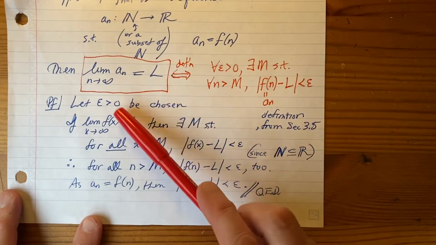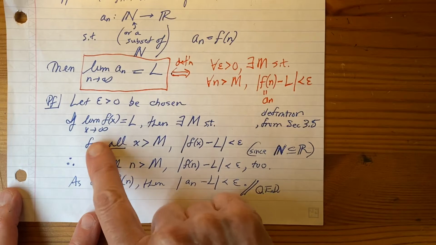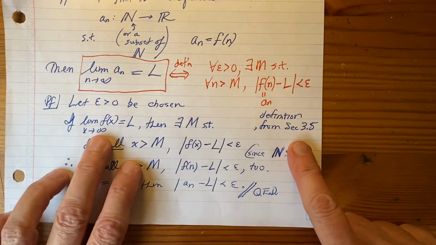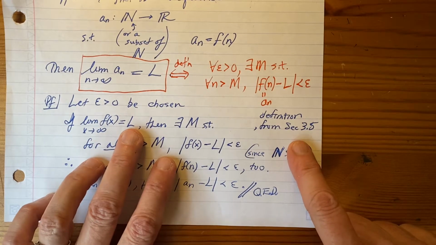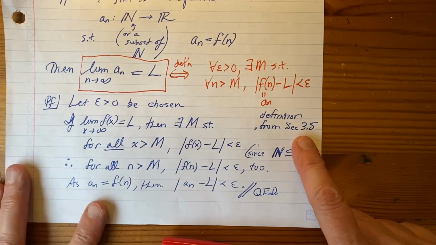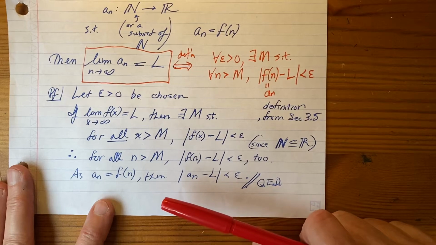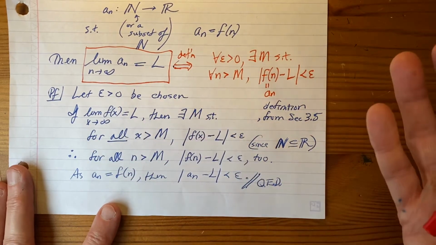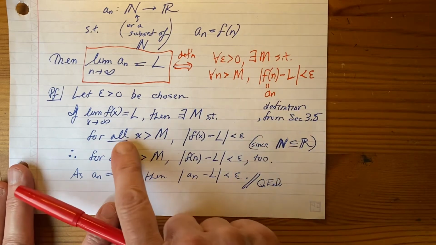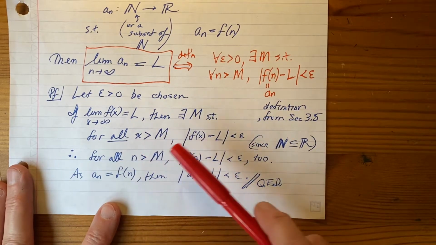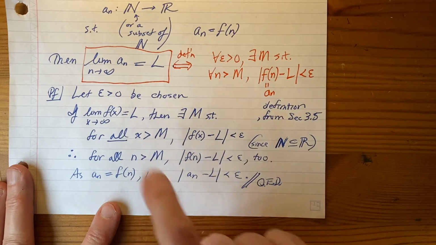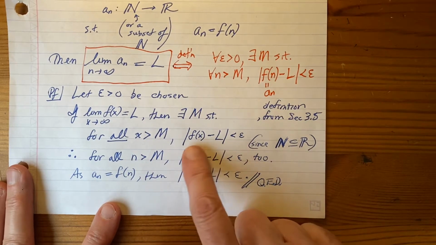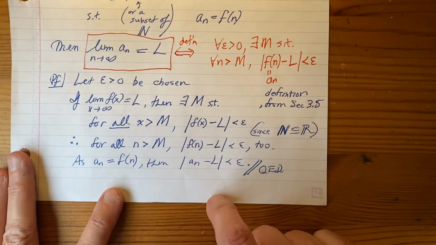So let some epsilon be chosen. Remind yourself about the definition of the limit of a function as x approaches infinity being a finite quantity. That's from section 3.5. That definition looks like this. For all epsilon greater than 0, there exists some, again, big number m, such that for all x greater than m, for all real values greater than m, the distance between f of x and L must be less than epsilon.